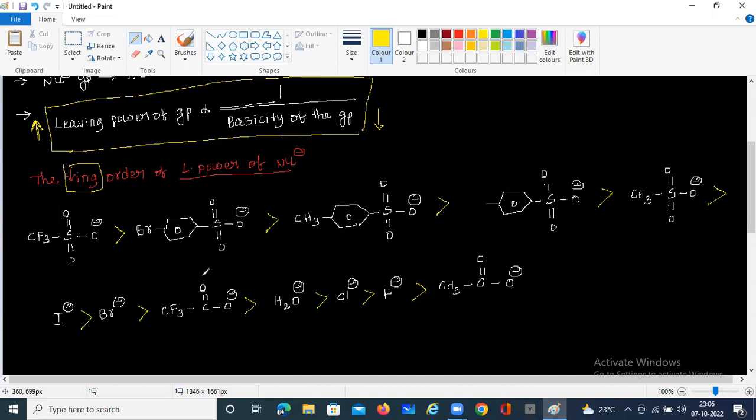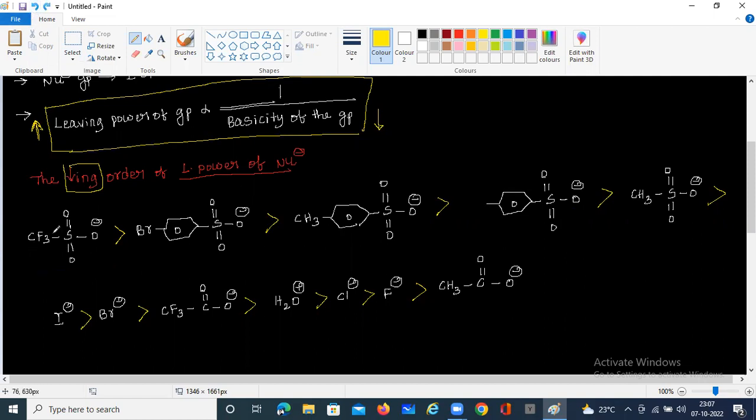Which one has the least leaving power capability? This one. And which one has the highest leaving power of the nucleophile? This one.